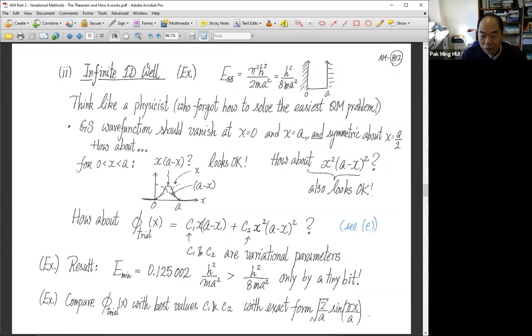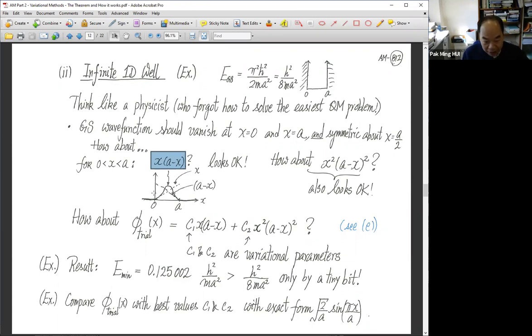And then the wave function should be 0 outside the well, so less than 0, bigger than a, because it is infinite potential energy there, okay? So we have this idea, symmetric about the center, 0 out there. One possibility is x times (a minus x).